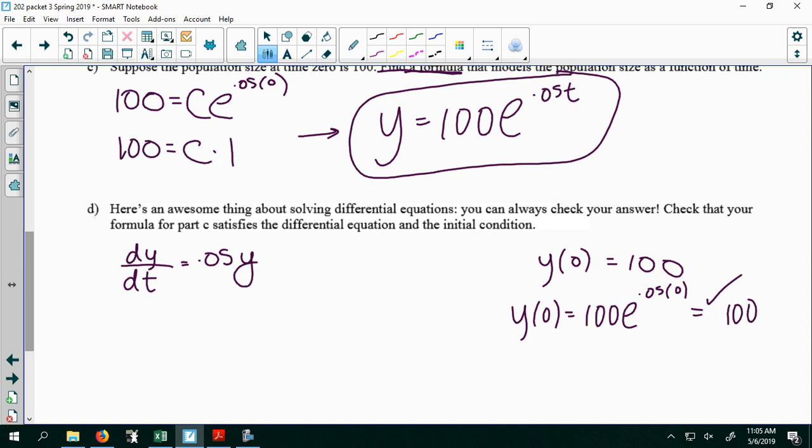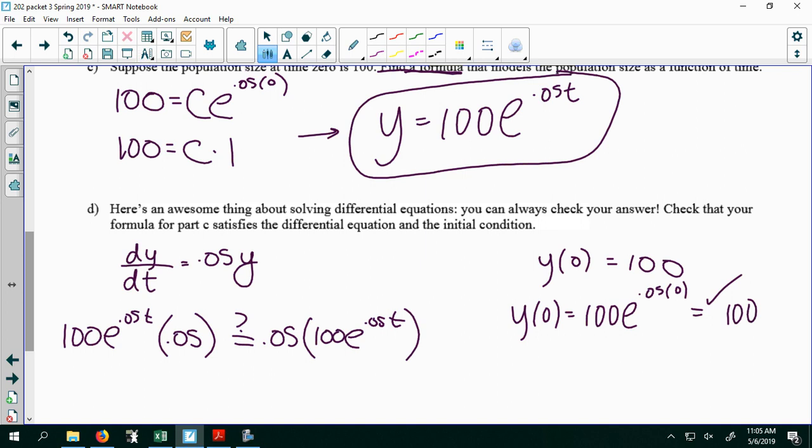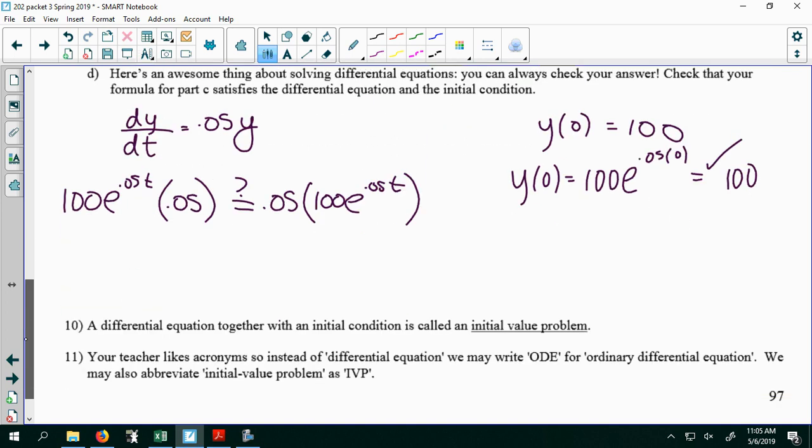I'll just write it out. So it is 100 e to the 0.05t times 0.05 for the chain rule, right? Does that equal 0.05 times the original function y, 100 e to the 0.05 t? Yep, they are equal.